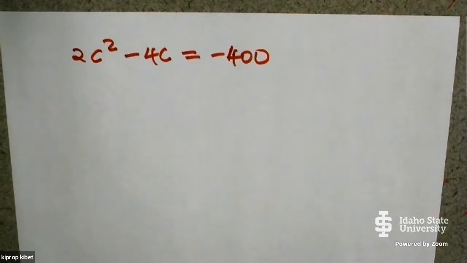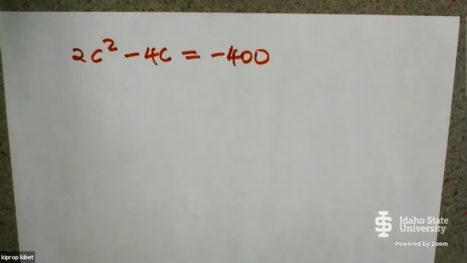Now, if you see this one, what comes to your mind if you want to use completing squares? If we recall, the coefficient of this one was what? 1, right? So before you use completing squares, you make sure the coefficient of c squared is 1.